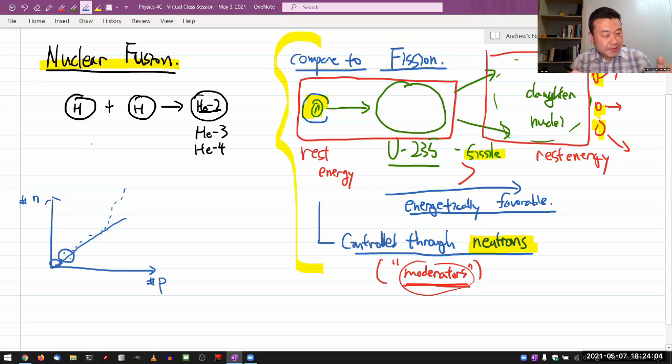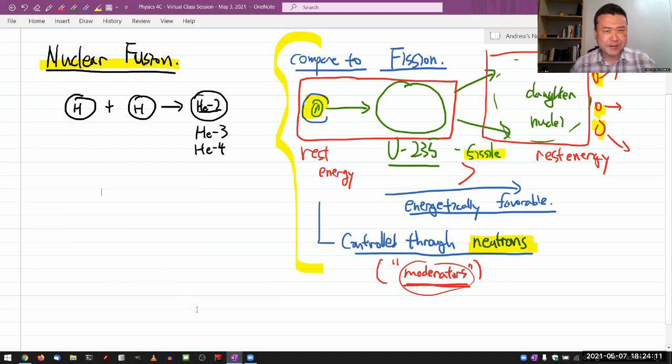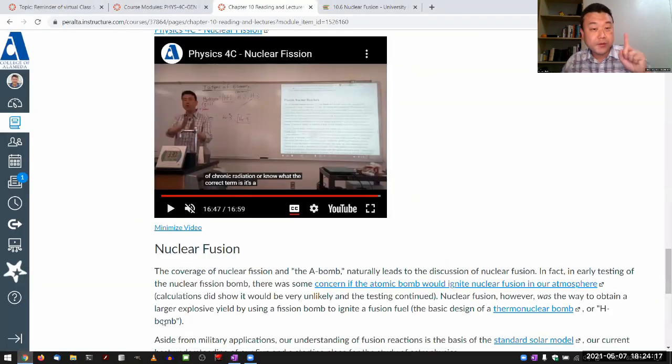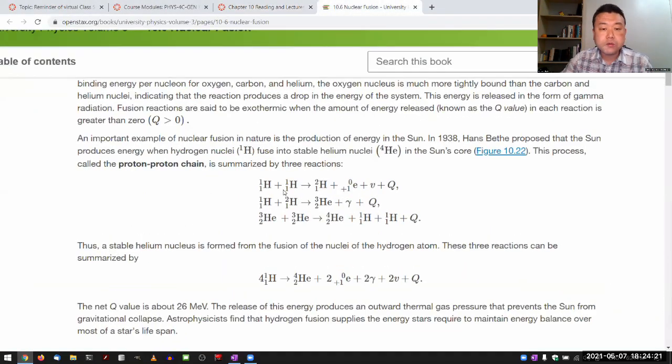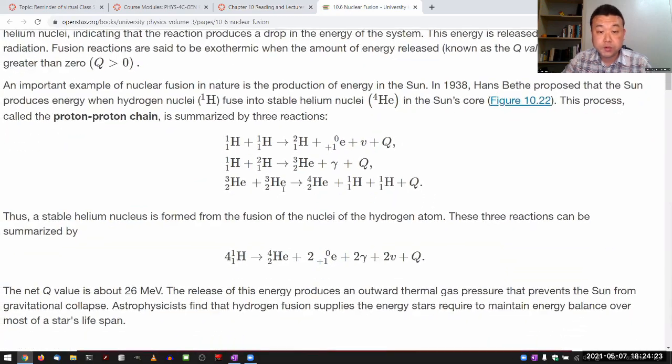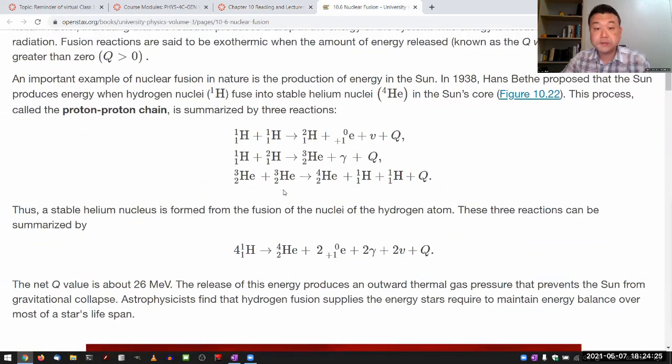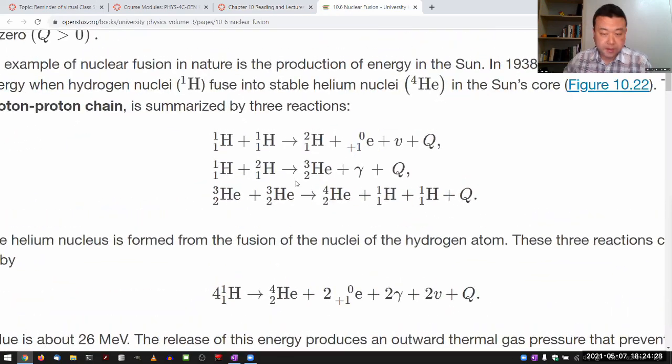This is the more detailed portion of the process that I wouldn't trust myself to remember, mainly because I'm not an astrophysicist and I don't think about these particular processes too often. But your textbook does mention this in the portion where it talks about the nuclear fusion reactions that take place in the sun. That's what they call the proton-proton chain.